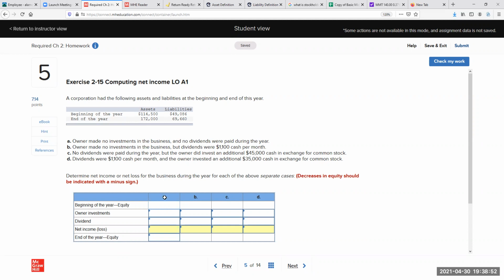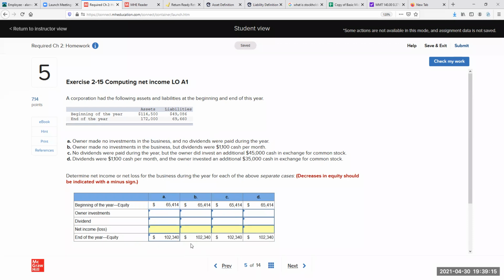That means the equity at the beginning of the year is 65,414. Now, remember, assets have to be liabilities plus equity. So what are they at the end of the year? 172 minus 69,660 is 102,340.